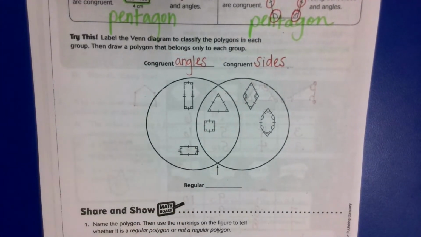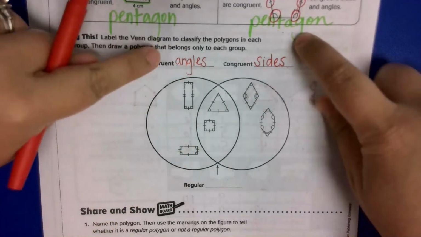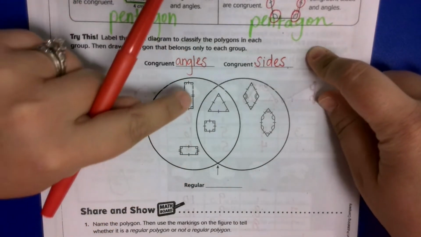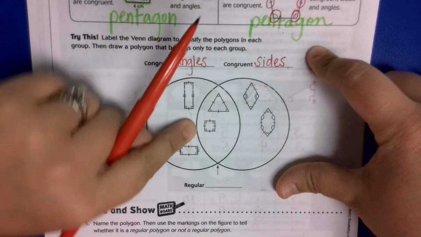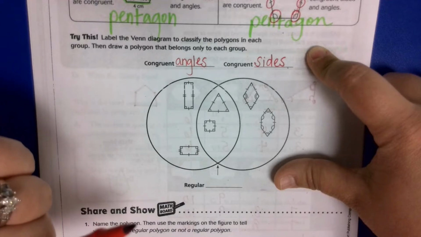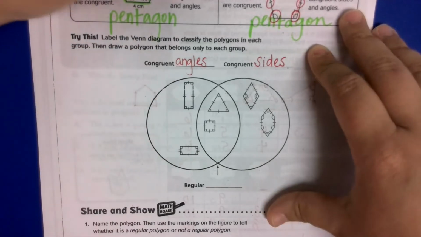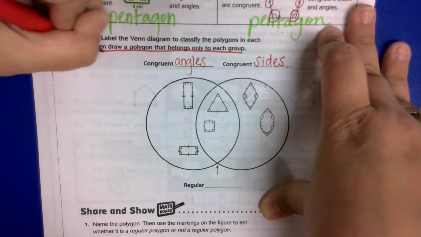So where our Venn diagram overlaps, that means that it has to fit both of these descriptions. So that means that all of these angles and sides of these two figures are congruent. So you can go in and draw your own polygon that belongs to each group.